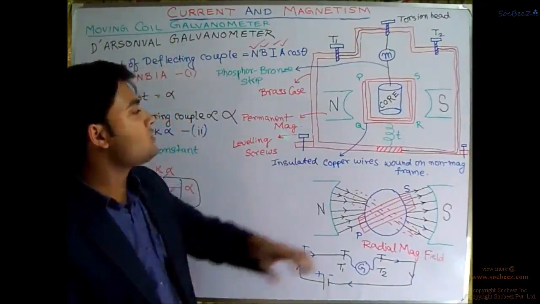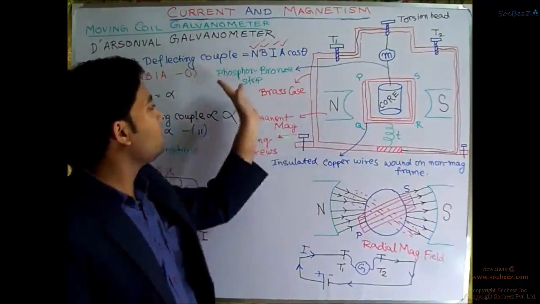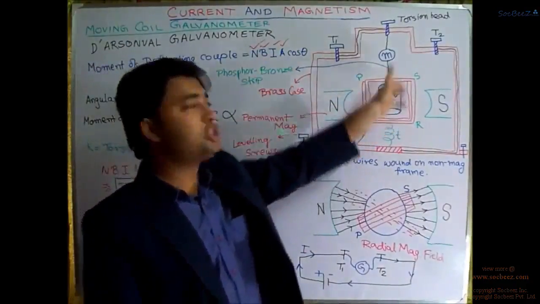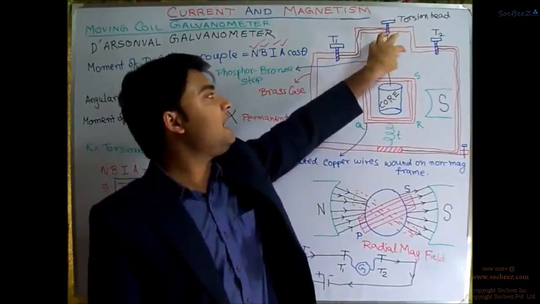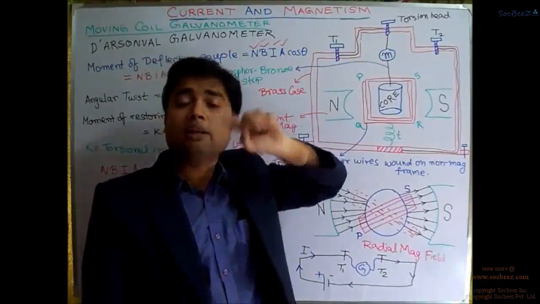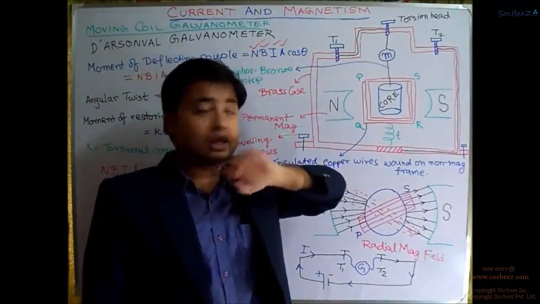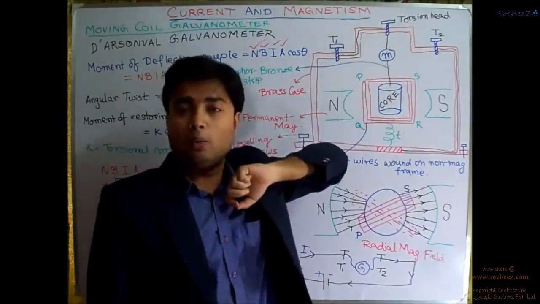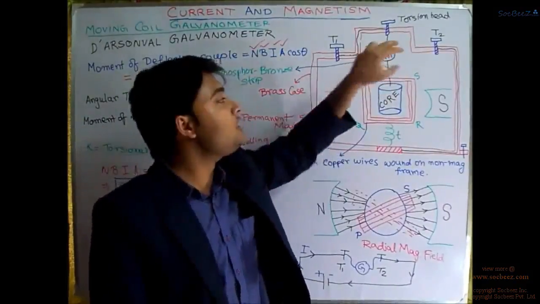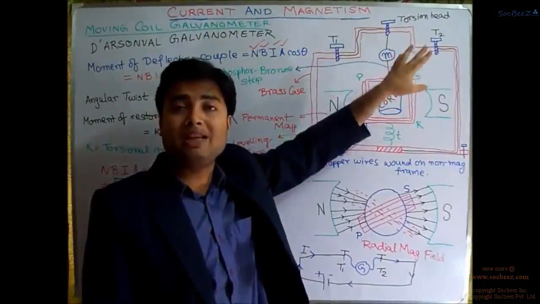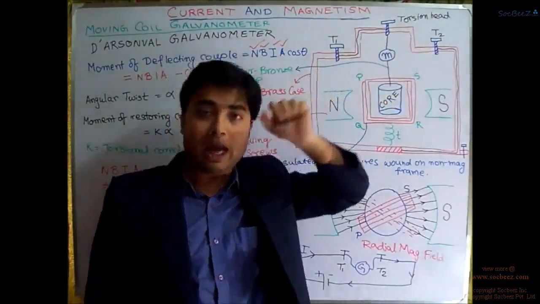Now if you observe, with this phosphor bronze strip there is connected an M. This M is basically a plane mirror which has been connected, which is actually used to measure the deflection, right?